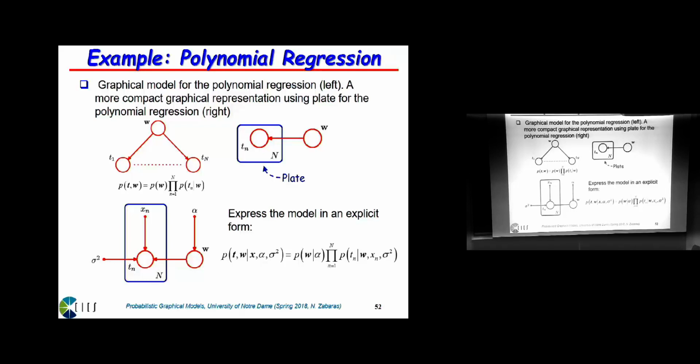Okay? Again, there is way too much there, right? So this is the joint distribution of things I observed, which is these noisy function evaluations and the parameters, given the inputs x, now the inputs come here, given these hyperparameters alpha, and given the noise sigma squared, which I don't know.